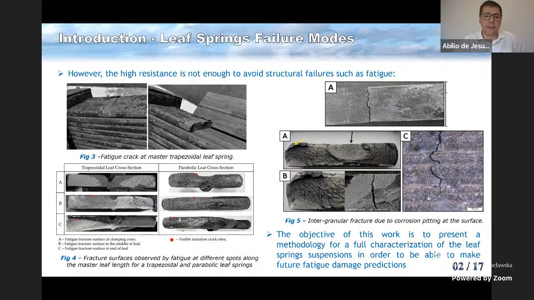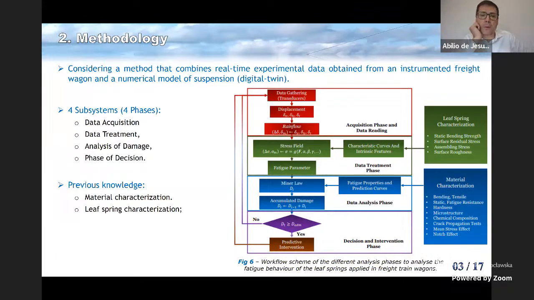But sometimes cracks could appear in other regions without apparent notches, at least macro notches. So the objective of our work was to provide a framework for addressing this problem, and at the end to provide this approach to the industry, to the operators of the infrastructure.